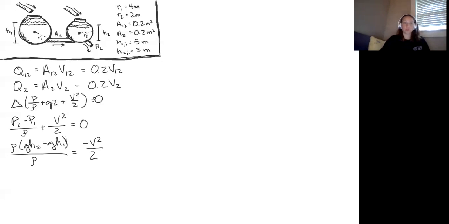And then for the second tank, we can do the same thing and assume that initial velocity is equal to 0 because of the cross-sectional area difference. And we also know that the change in pressure is equal to 0 for the second tank because the pressure is the same at points 1 and 2.